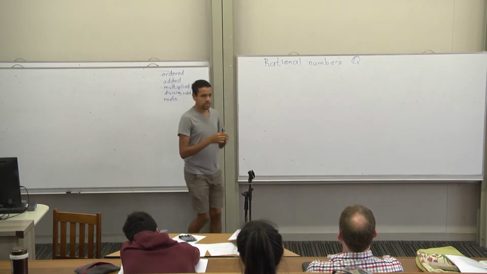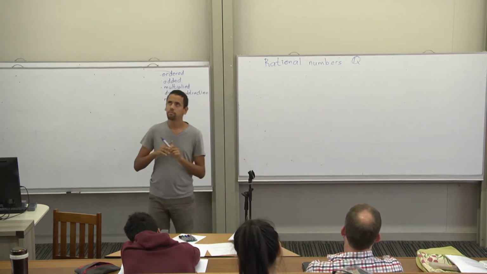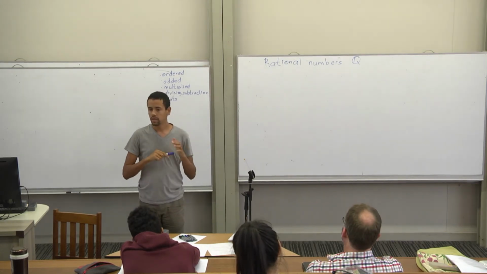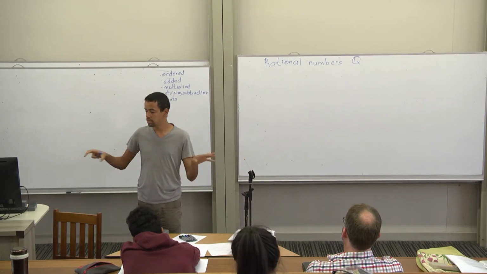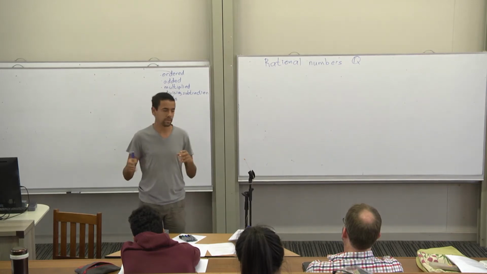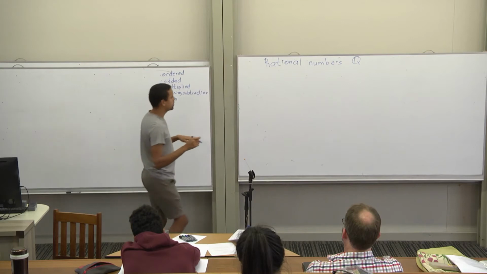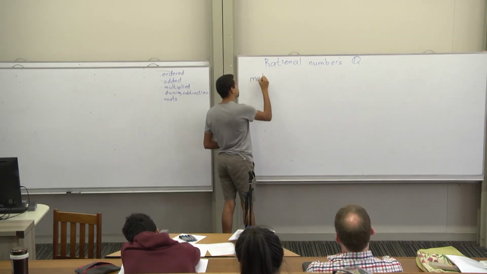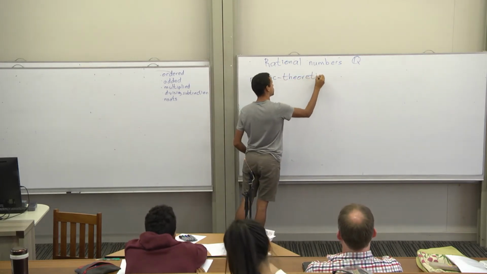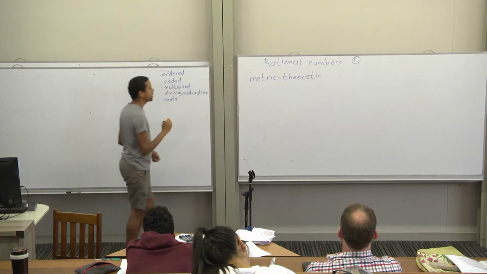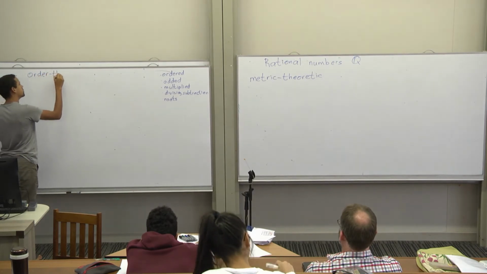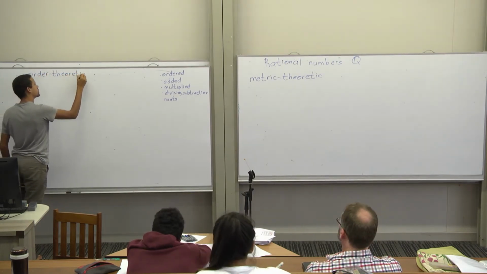Okay, so there are two main ways of constructing the reals from the rational numbers, and the awesome thing is that those two different ways actually end up with the same thing. They're equivalent. The two main ways are the metric theoretic way of doing it, and the other main way is the order theoretic way.